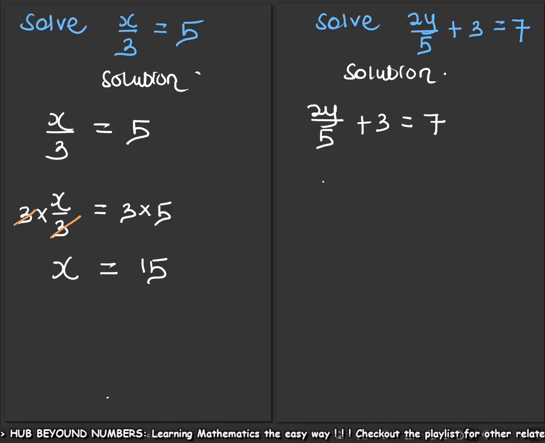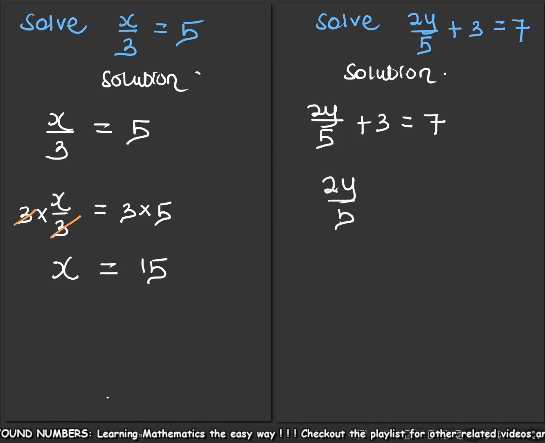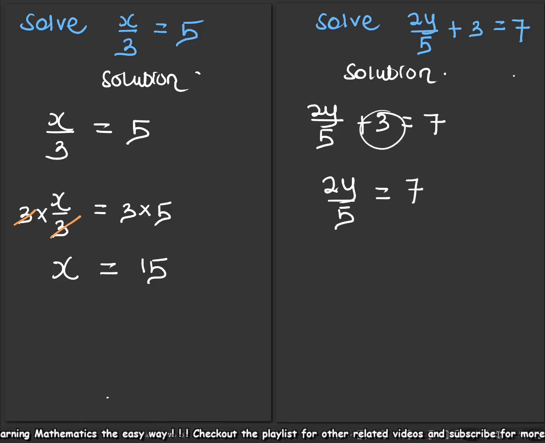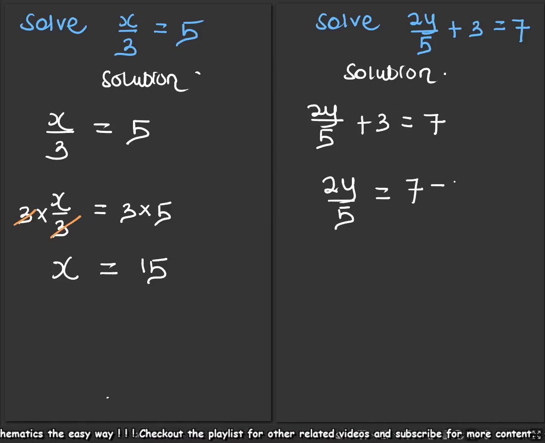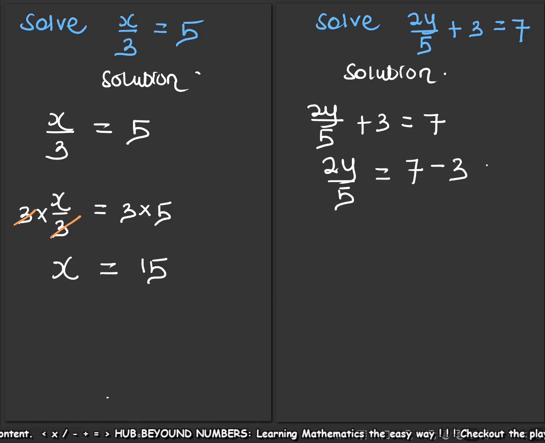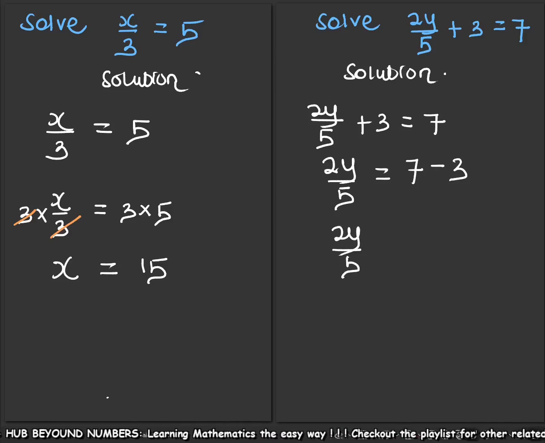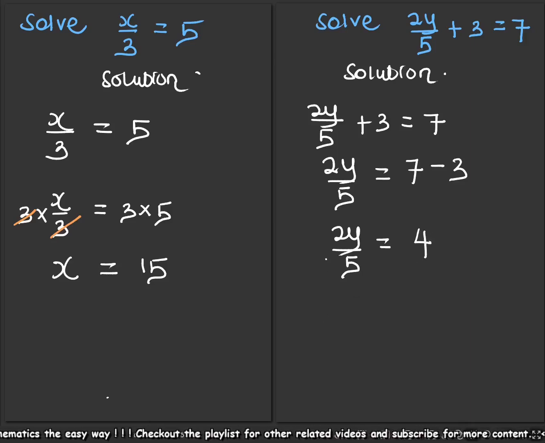So grouping like terms so that the numbers will be at one side, we are going to get 2y over 5 is equal to 7, and then the 3 moves to the other side so that it becomes a negative 3. So with this, we get 2y over 5 being equal to 7 minus 3, which gives us 4. So at this point, we have just one fraction, and the 4 having a denominator of 1.